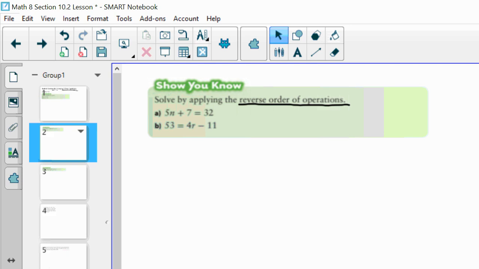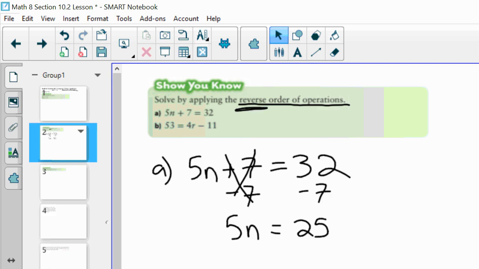Okay, so now we should always check. It is always a good idea to check, even if you're not asked to, just to make sure you're right. And you check by seeing if your left side is equal to your right side. So now I substitute my n equals 5 in for n. So I get 5 times 5 plus 7 equals 32.